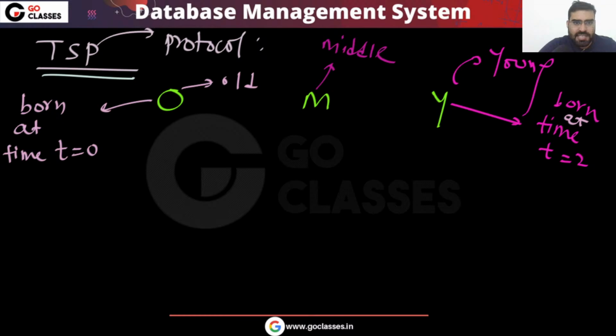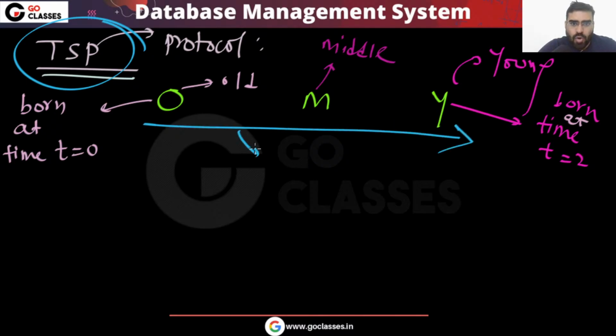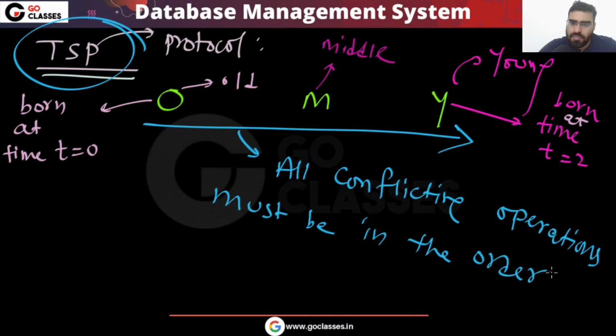This timestamp protocol basically says that all the conflicting operations must be in the order of transaction timestamp.